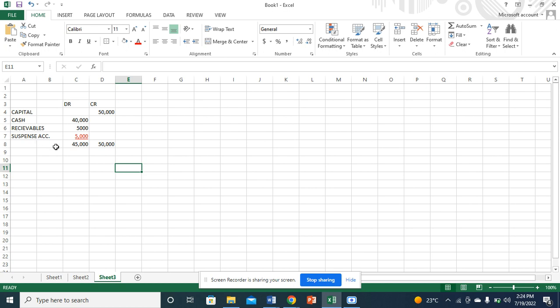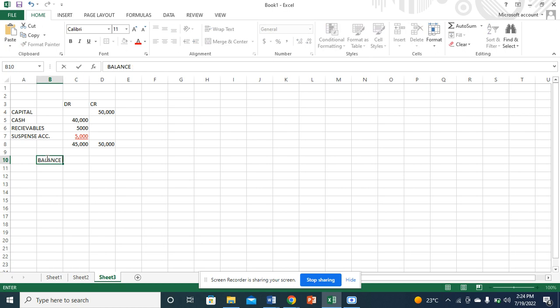This is a situation where your trial balance hasn't balanced. You've opened the suspense account to temporarily balance the trial balance, all right? Then you haven't yet found the errors, so you can still take this suspense account into the balance sheet.